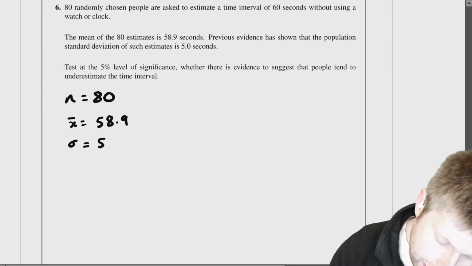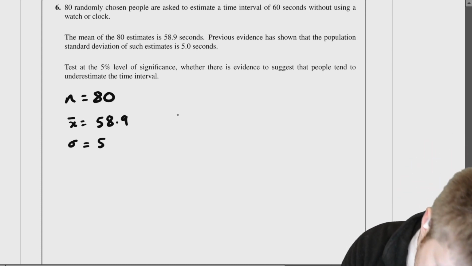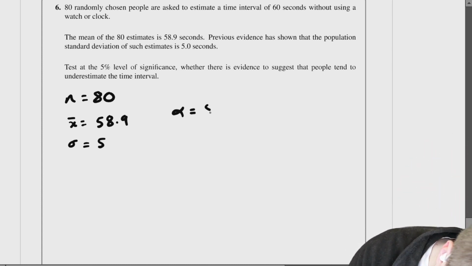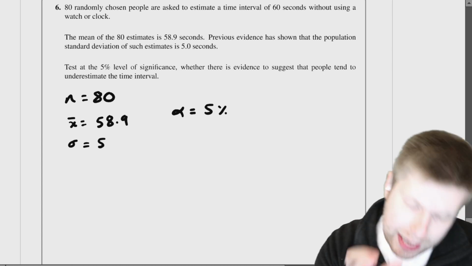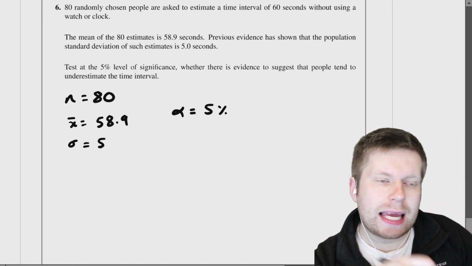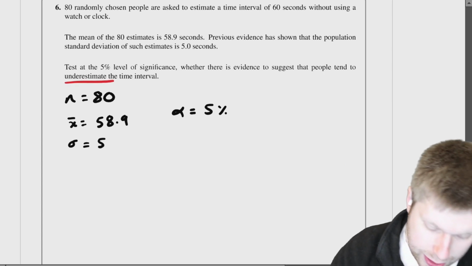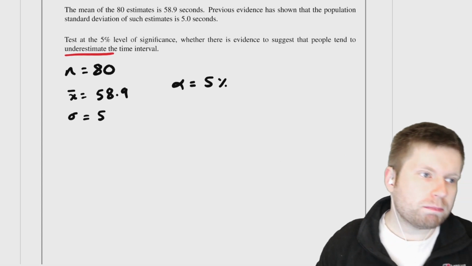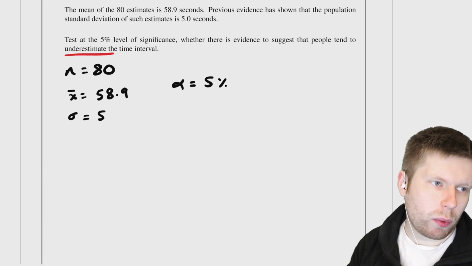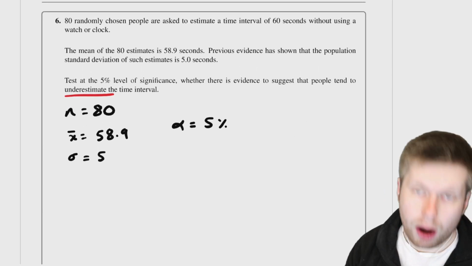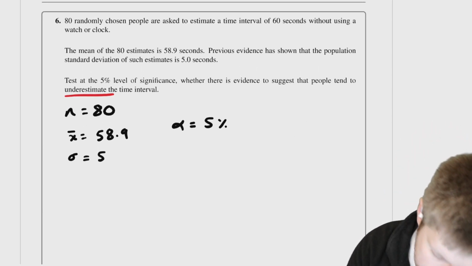We're then asked to test at the 5% level of significance, so alpha is 5%, whether there is evidence to suggest that people tend to underestimate the time interval, so that'll become important in just a second. First of all, we're going to write down our null and alternative hypotheses.